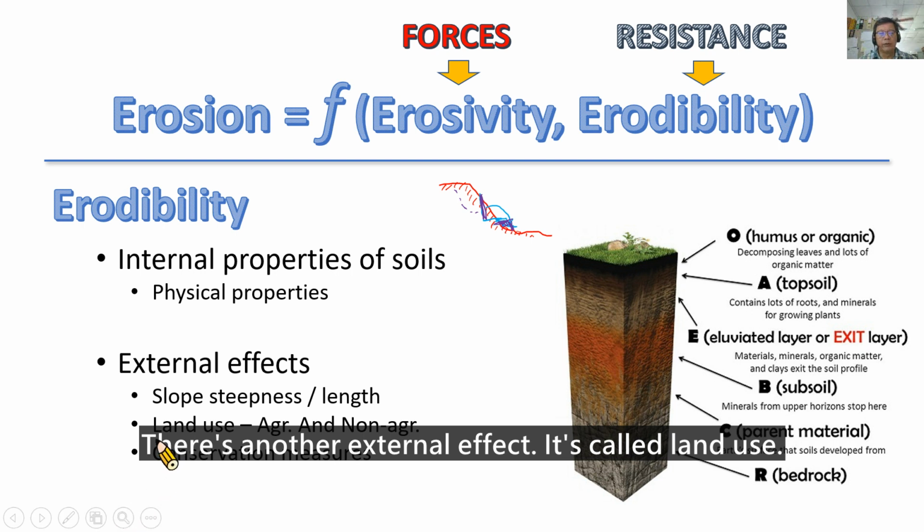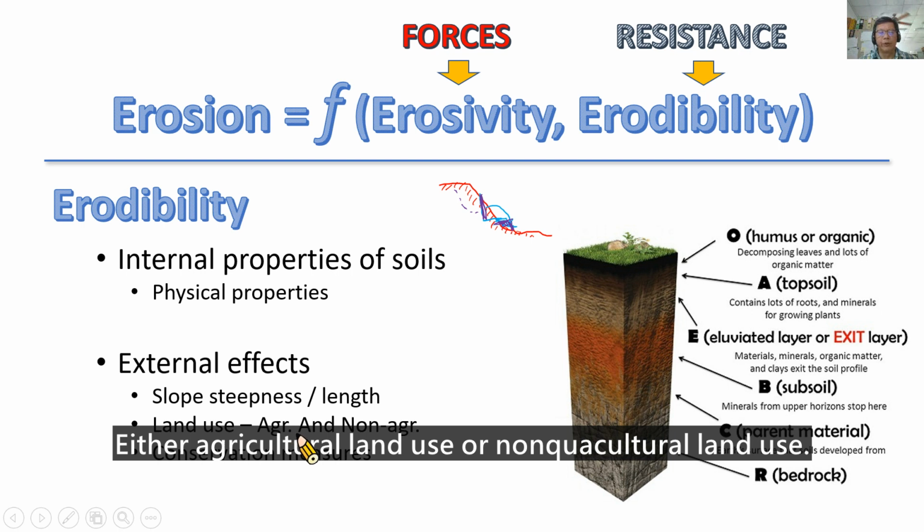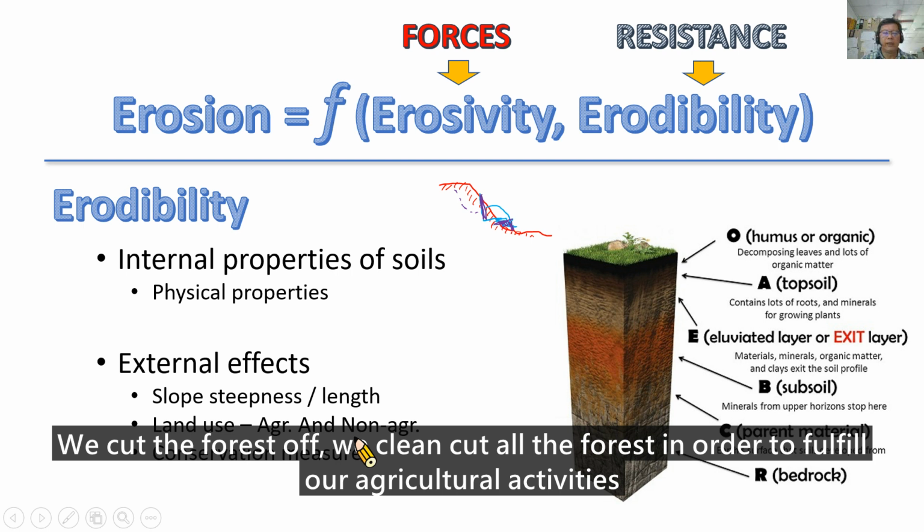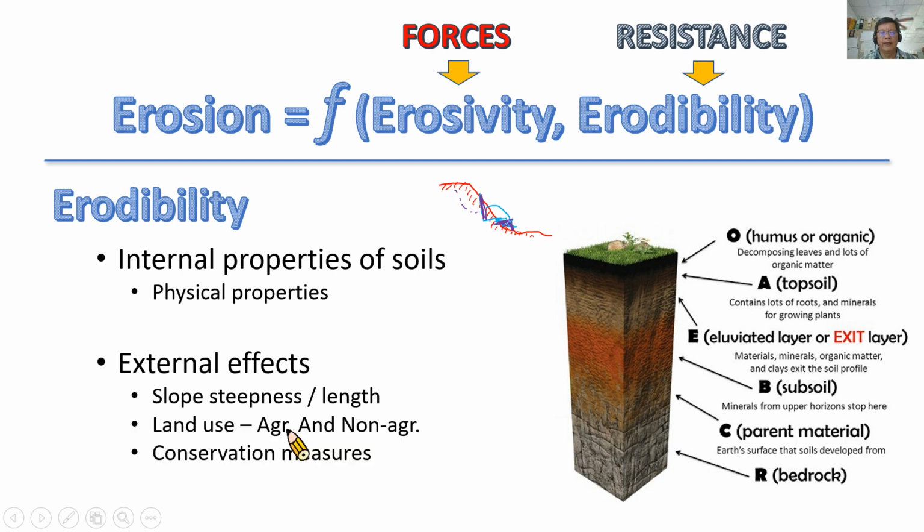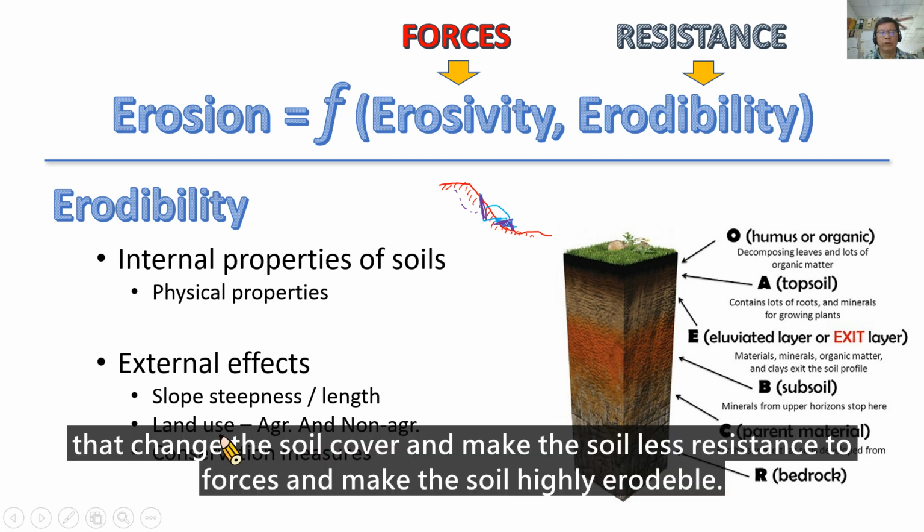There's another external effect: the land use, either agricultural or non-agricultural. We cut the forest off. We clean cut all the forest in order to fulfill our agricultural activities. That changes the soil cover and makes the soil less resistant to forces and highly erodible.